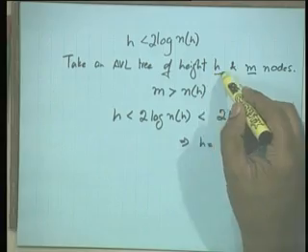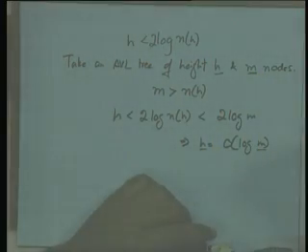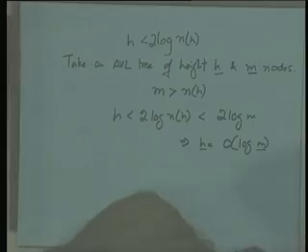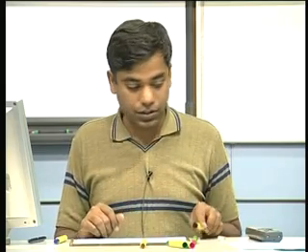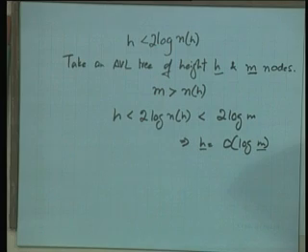So what was this? This was height and this was number of nodes. The height of an AVL tree on m nodes is less than 2 times log of the number of nodes. Is this clear now? So the m and n confusion is not there. Great. So that's what is being said here. Any questions till this point?